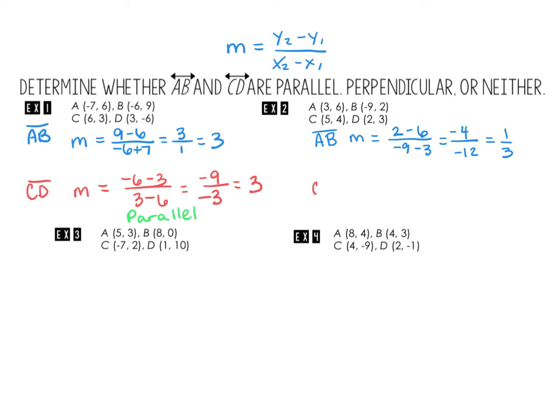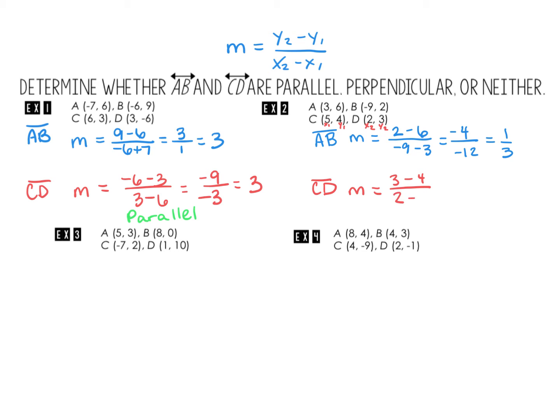Okay, now let's do CD. For CD, we find the slope. It is y2, which is 3, minus y1, which is 4. Make sure you're labeling these properly. If it is confusing, sometimes you might need to write x1, y1, x2, y2 underneath, just to make sure you plug in the right place.